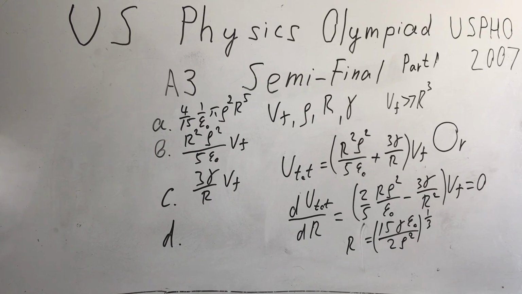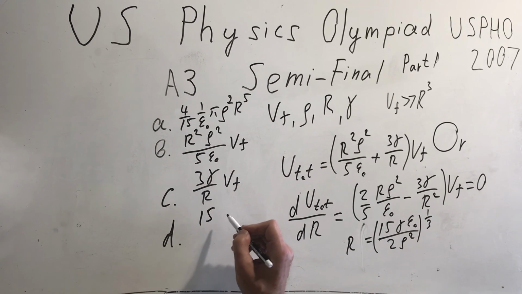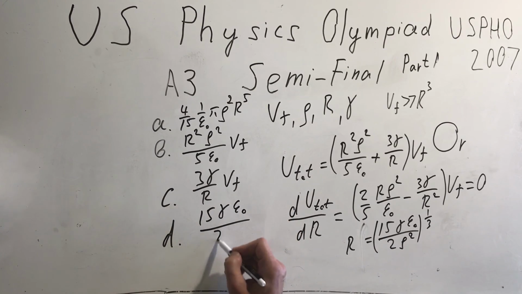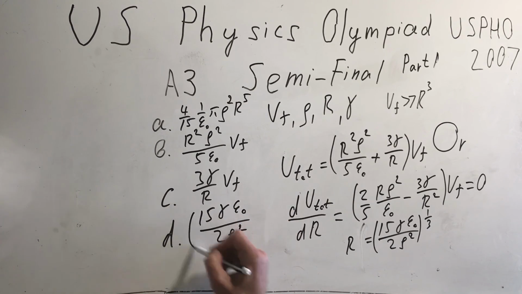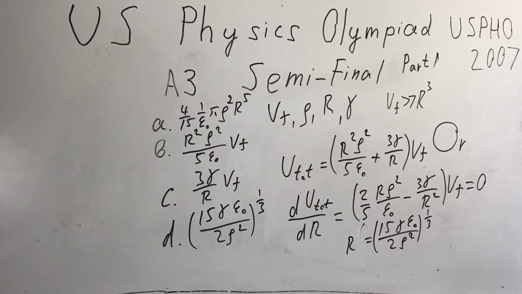So this is the answer: radius equals 15 gamma epsilon 0 over 2 ρ squared to the power 1/3. This is the end of this problem A3.